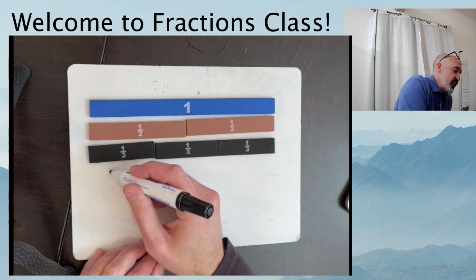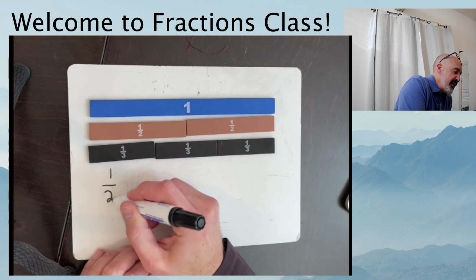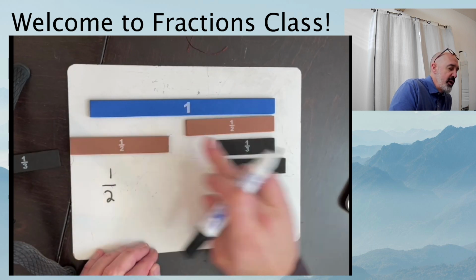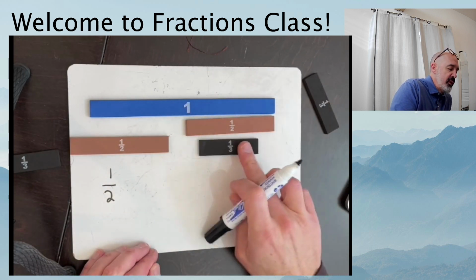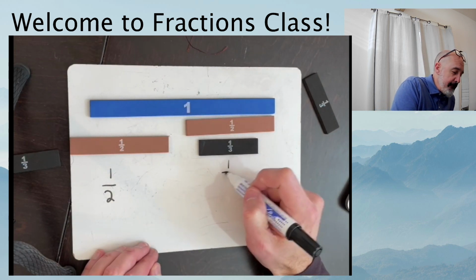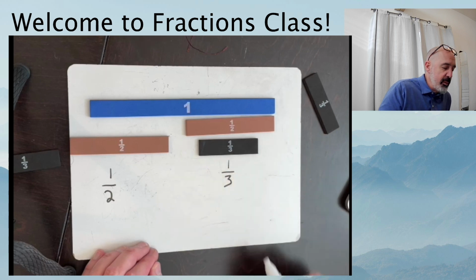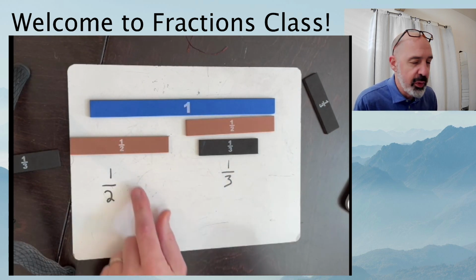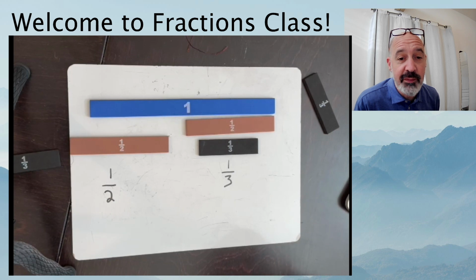Because here we have 1/2 as the brown fraction, right? And then we have 1/3 as this black fraction. But who knows how to describe these numbers, 1 and 3 or 1 and 2? Joe, Samantha, any thoughts? Okay, good.